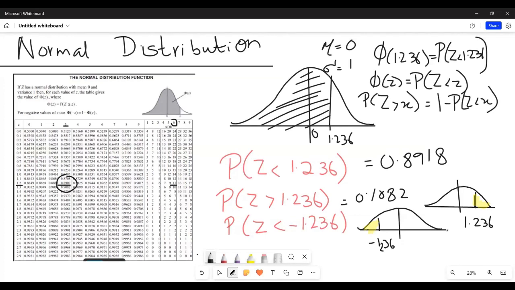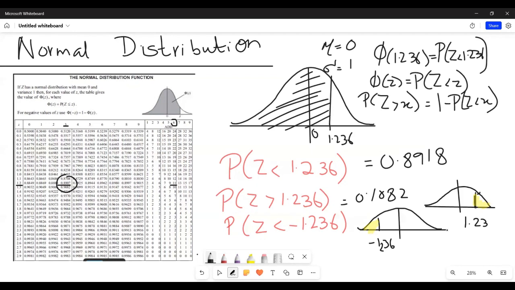So this area and this area, they're going to be exactly the same. That means the probabilities would be exactly the same. So now we have to find this probability, right? Probability Z is greater than 1.236, and that we've already found.